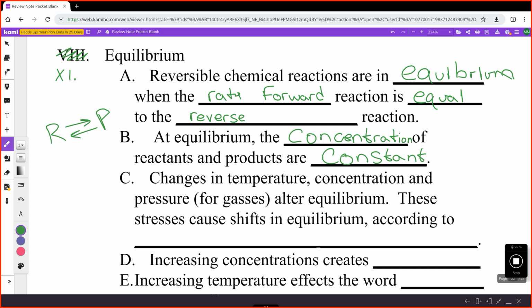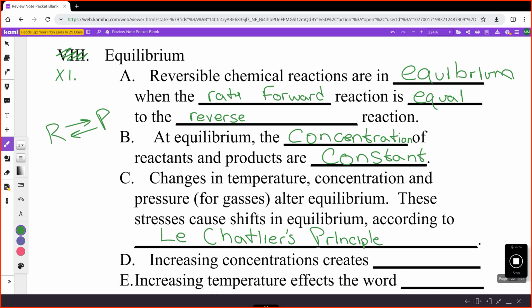All right? Stressing the equilibrium is called Le Chatelier's principle. And for most people, this is a very difficult concept. Okay?